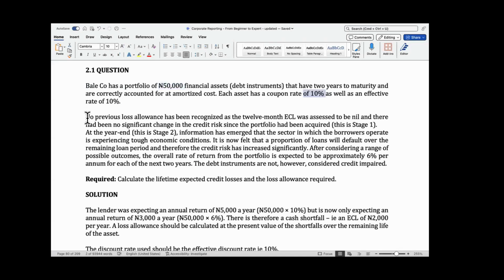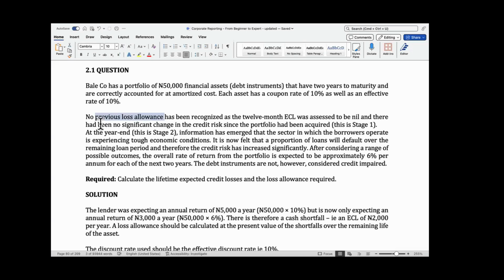Second paragraph. They said no previous loss allowance has been recognized as the 12-month ECL was assessed to be nil. So that means at origination, 12-month ECL was zero because they believe there is no loss allowance.